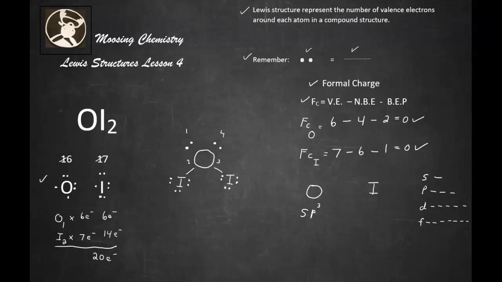Pretty cool, huh? So what about the I's? Well, let's count those. Dashes and dots, remember? With the dots, we have 1, 2, 3, and then we're going to call that 4. So that is also going to be 1 for S, 3 for P. And that's the hybridized orbital for this particular compound.